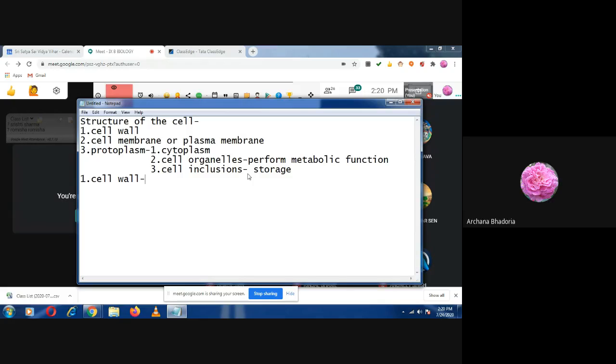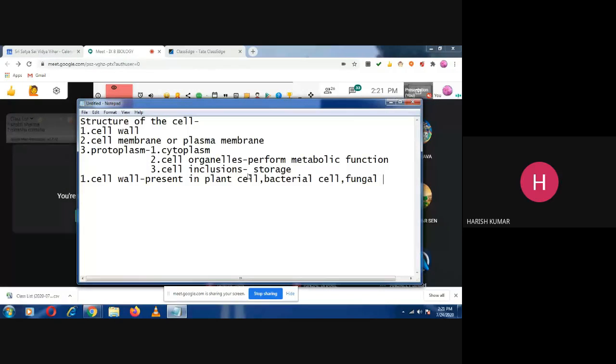The plant cell, fungal cell, bacterial cell, it is present. So you can write down: present in the plant cell. Then what else did I say? Bacterial cell. Fungal cell. Then algae cell. Fungal cell, you understood, na?